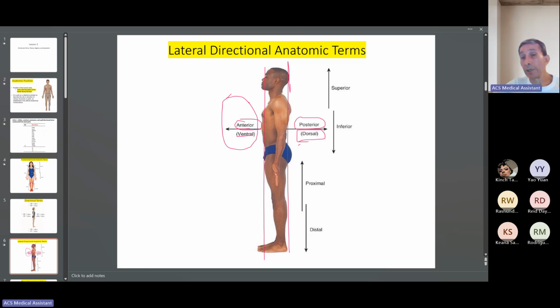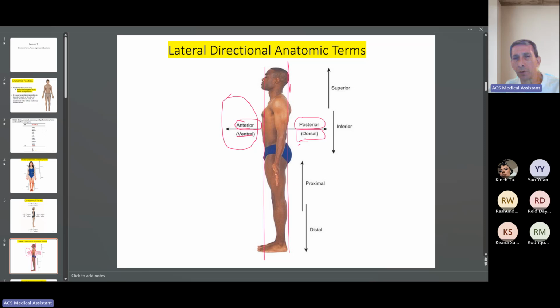So that's how we need to remember this. If you have a question that says the doctor is examining the dorsal part of the body, what is the doctor examining? Then you look for the back. Back should be the answer. If the doctor is examining the anterior part of the body or any organ, what is the doctor examining?